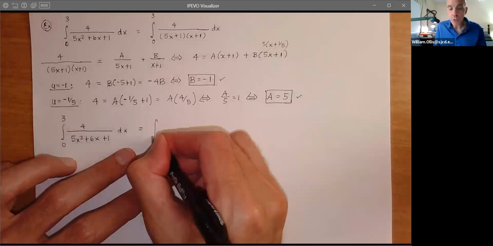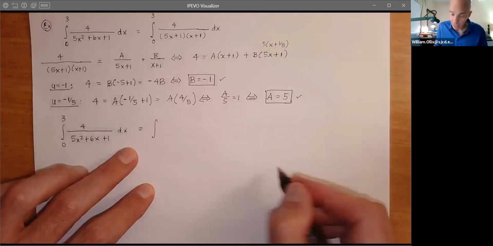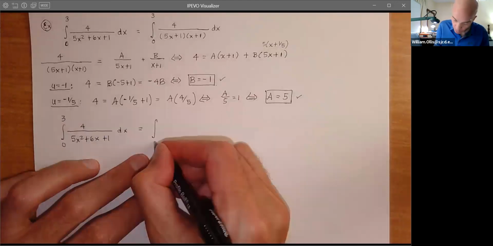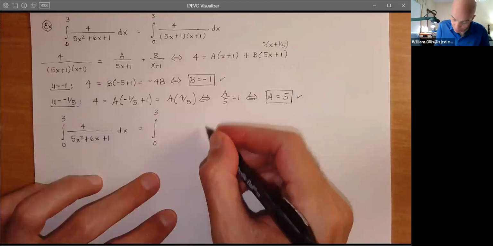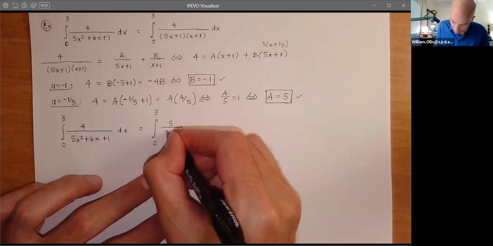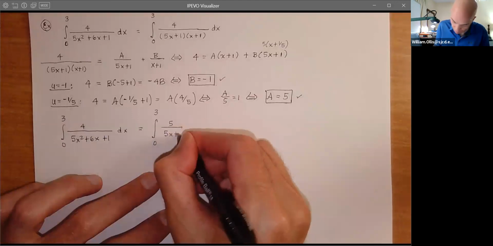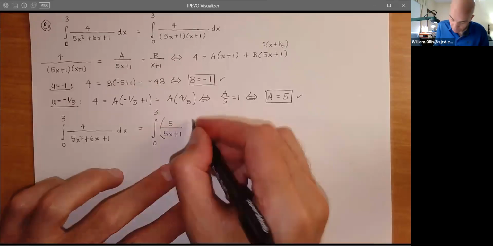This is what you can do just to save a little bit of time. You can do these separately or run them together. So we've got 0 to 3, 5 over 5x plus 1. These are easy integrals. And then we have -1 over x plus 1.